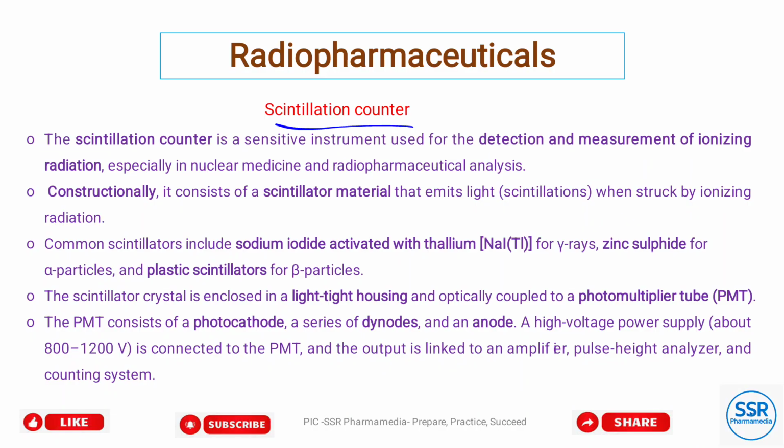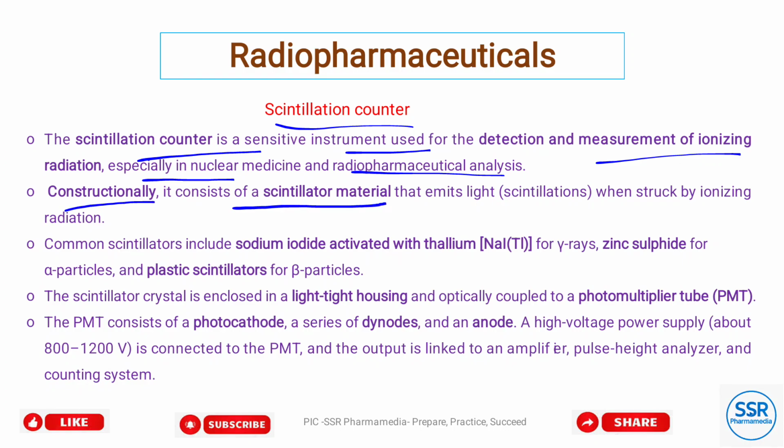The scintillation counter is a sensitive instrument used for the detection and measurement of ionizing radiation, especially in nuclear medicine and radiopharmaceutical analysis. Construction: it consists of a scintillation material that emits light when struck by ionizing radiation, which is called scintillation.